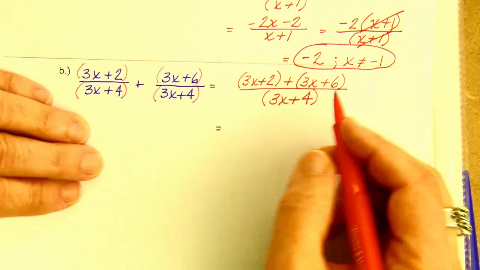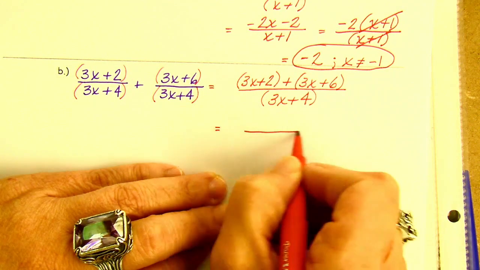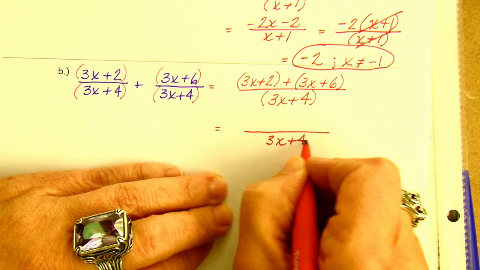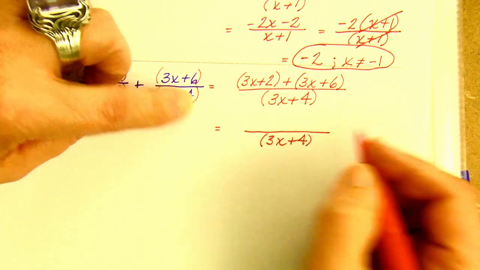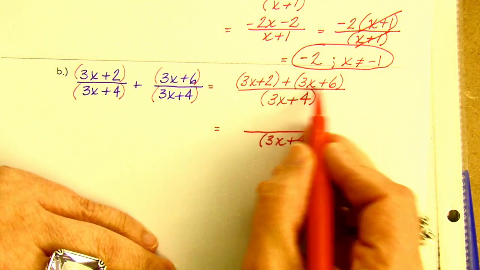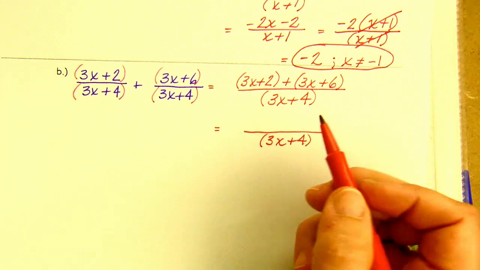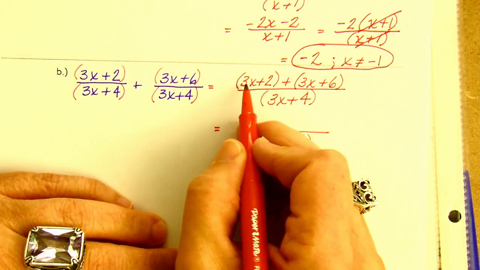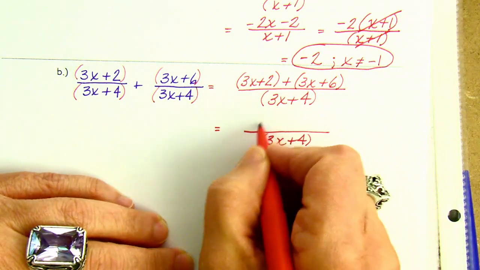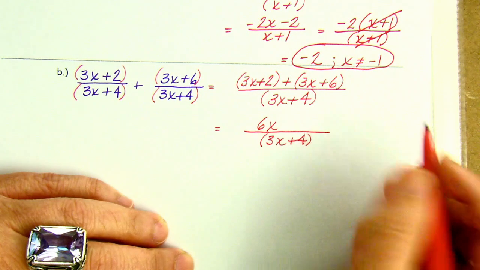So I think if you do the same thing each time, you're less likely to forget when you need to put the parentheses if you just write the parentheses all the time. All right, so since I am just distributing a positive 1 there, I could just simply combine this. This is 3x, add 2, add 3x, add 6. So 3x and 3x is 6x. 2 and 6 is 8.